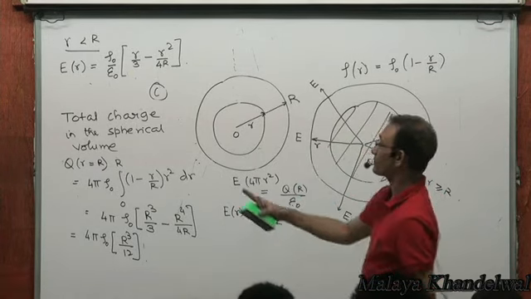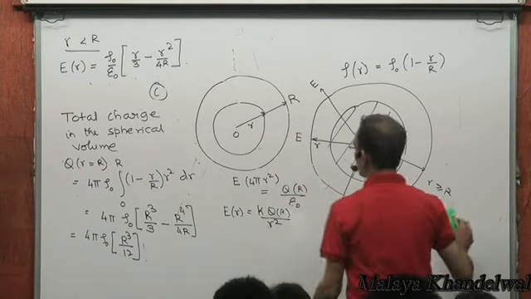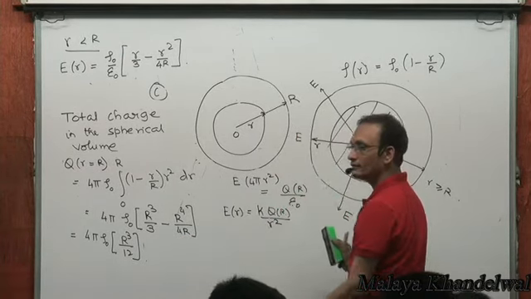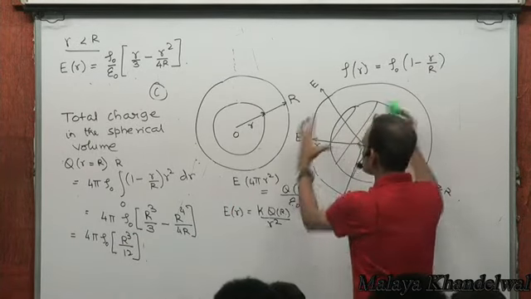Where was I? So then, this is the entire charge Q, right? So electric field, which is a constant, Q at R is a constant.